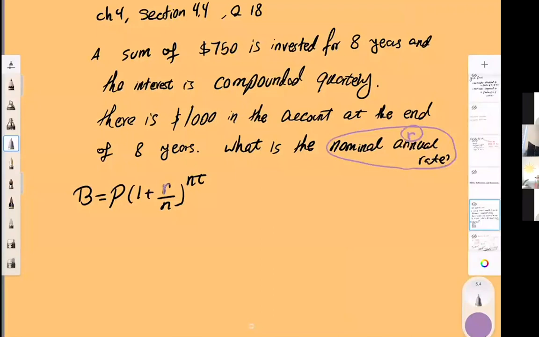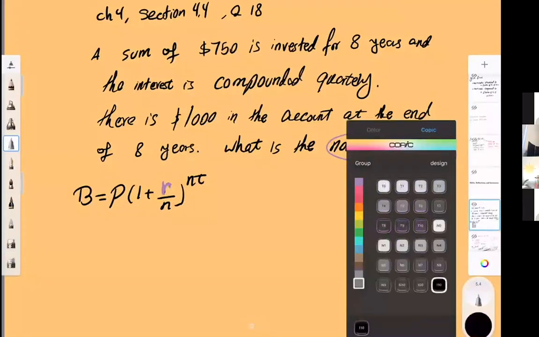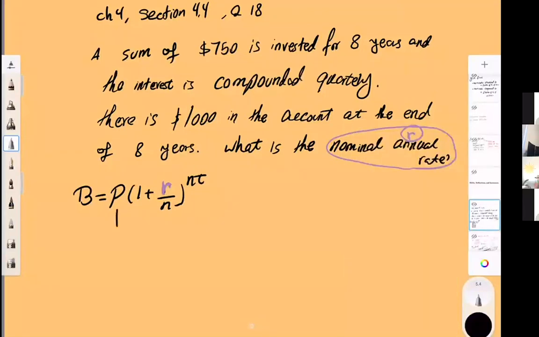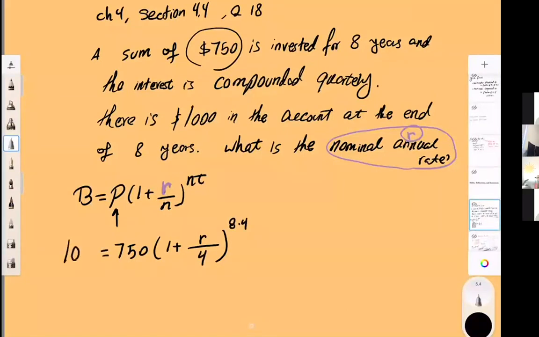So let's see what we have. The initial value is 750, correct? And 1 plus r, we are looking for. n is 4, so quarterly, four times a year. And t is 8, so 8 times 4, and the amount will be $1,000.